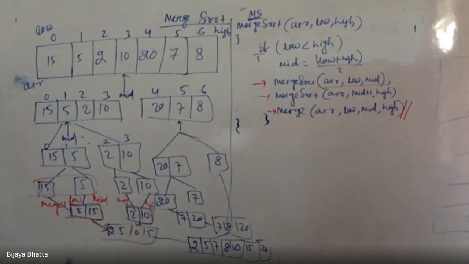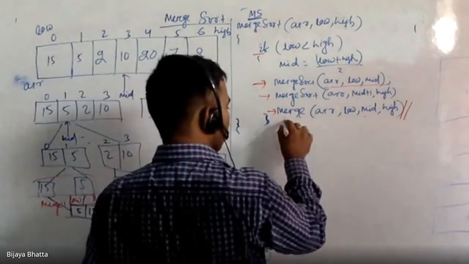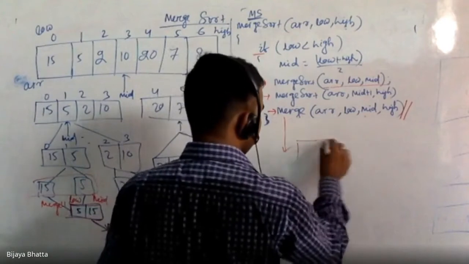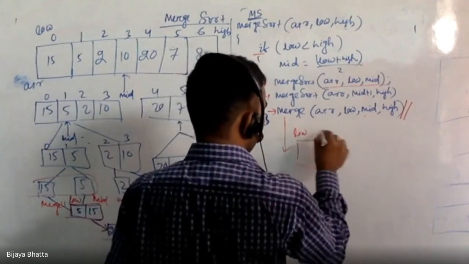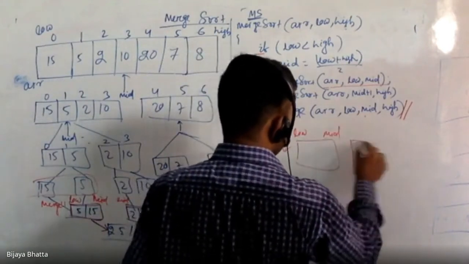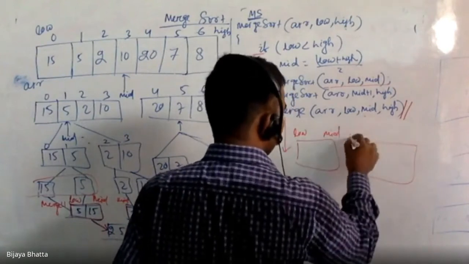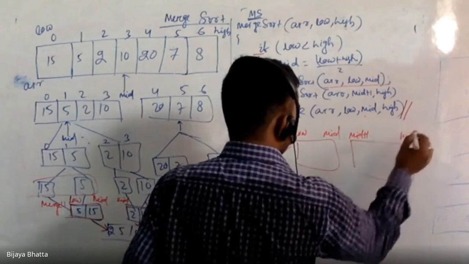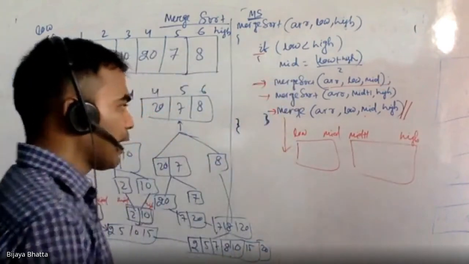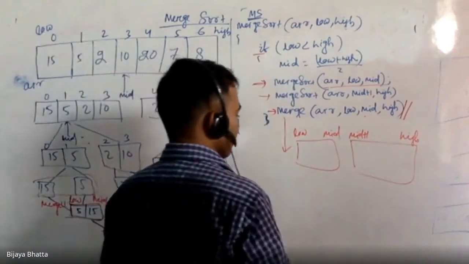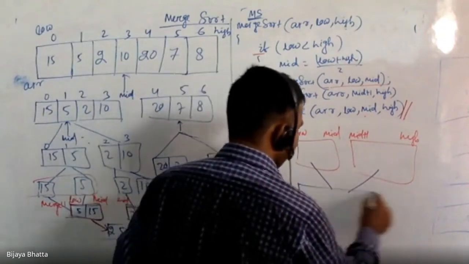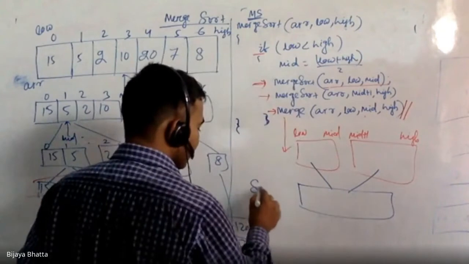So the main objective of the merge function is, virtually it is taking two arrays, right? So one is low to mid. Okay, so virtually, but we are passing only mid, because I can find out mid plus one and high, right? So these are the two arrays being passed to merge. Then merge is going to do a merging of these two arrays and generate a sorted array, right?